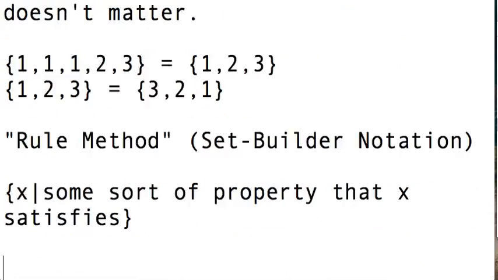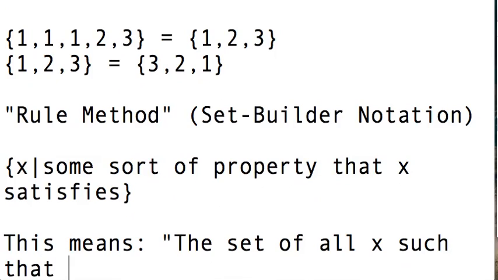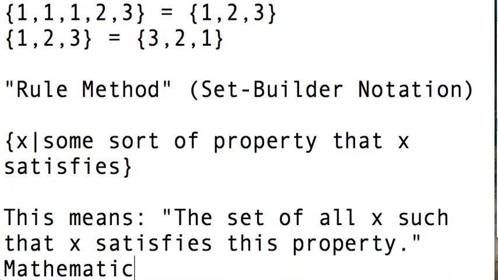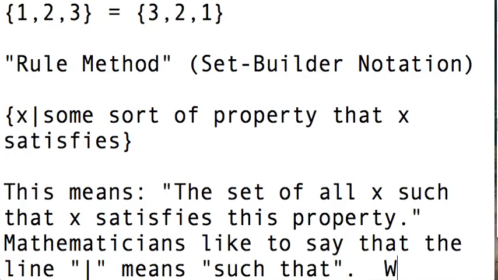And then you draw a bracket. So what this means is the set of all x such that x satisfies this property, whatever that might be. Mathematicians like to say that this line means such that.